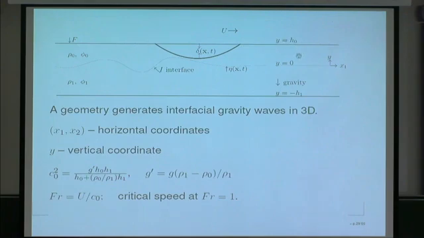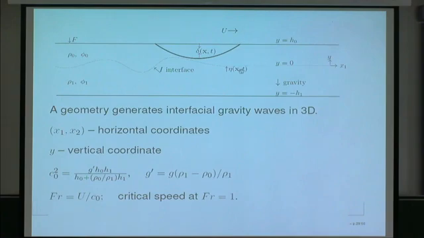And I have y equal to 0 at the mid-level of the pycnocline. So this is now the upper layer. This is the free surface. The geometry, which is indicated here, has a function delta of x,t and moves with a speed U.